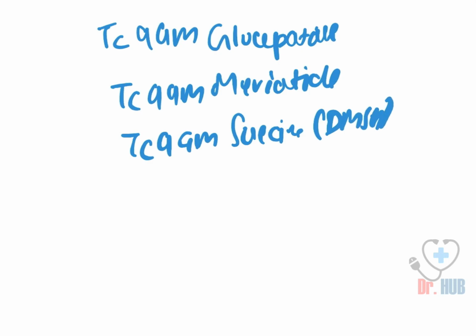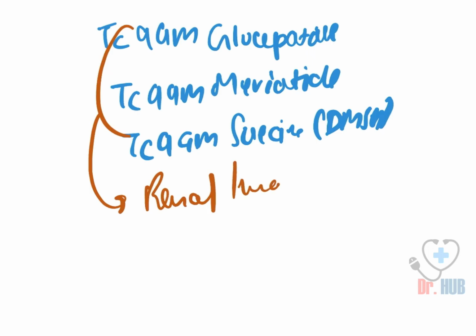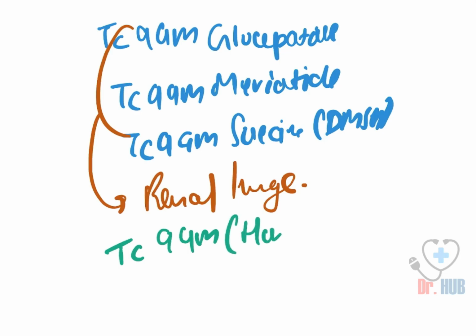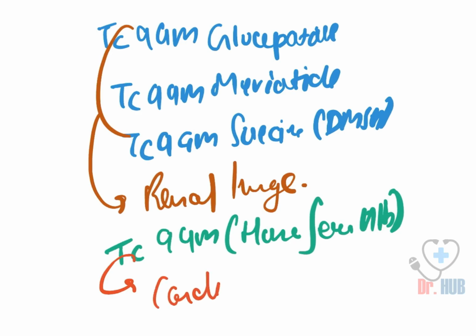All three of them are used in renal imaging. Then we look at the TC99M human serum albumin. This human serum albumin is used for imaging the cardiac chambers.